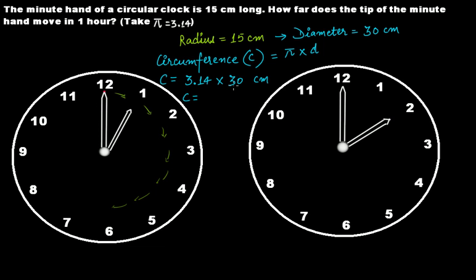So C becomes 3.14 times 30 centimeters, and if you solve it, you get 94.2 centimeters. This will be the distance that the minute hand will cover when it takes one full rotation in 1 hour. So how far does the tip of the minute hand move in 1 hour? It will move 94.2 centimeters, by calculating the circumference.